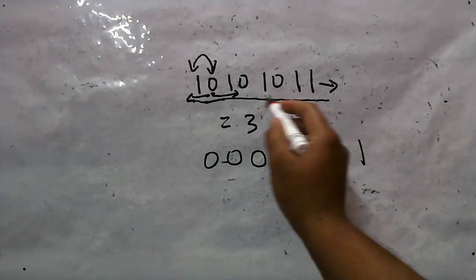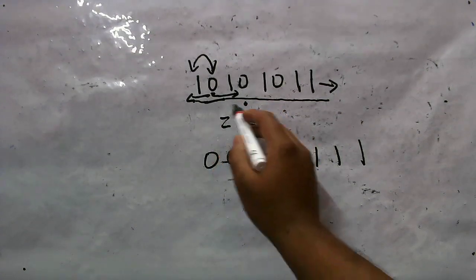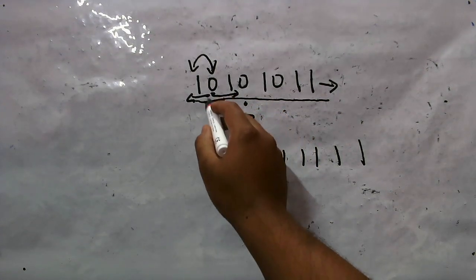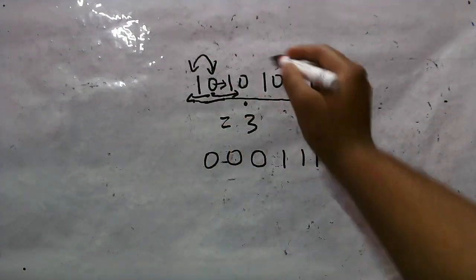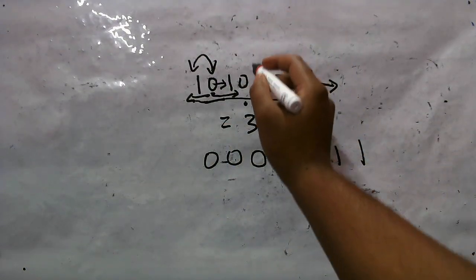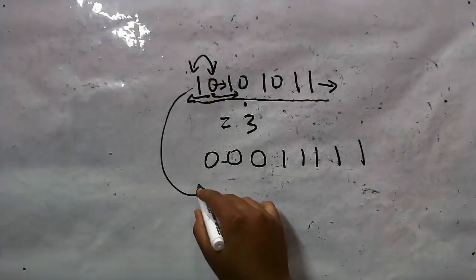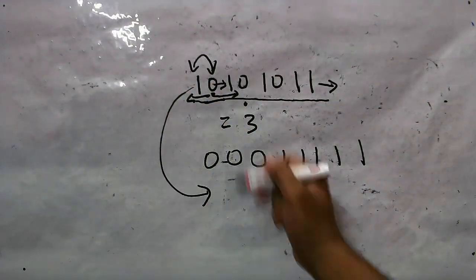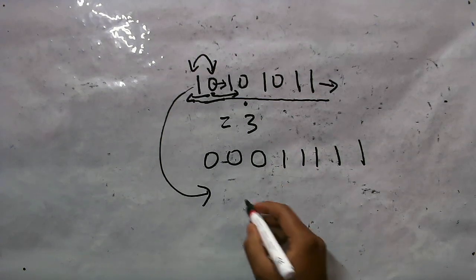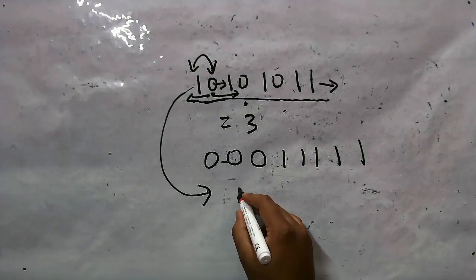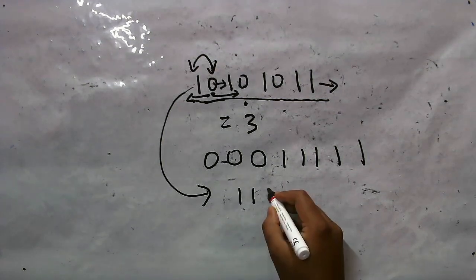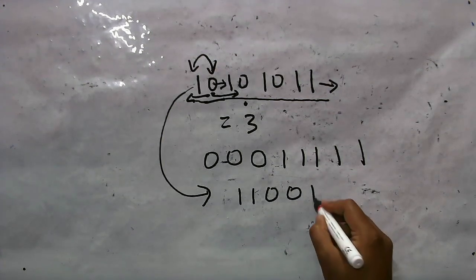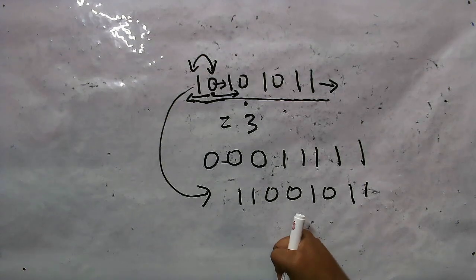But again, think of this 0. Suppose we swap this 0 to this location. What shall the string be now? If we swap this 0 to this location, our string becomes 1 1 0 0 1 0 1 1.